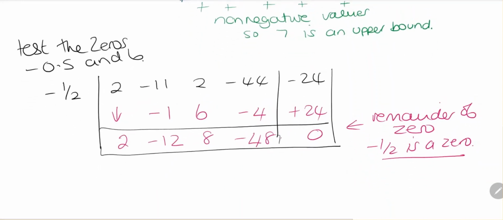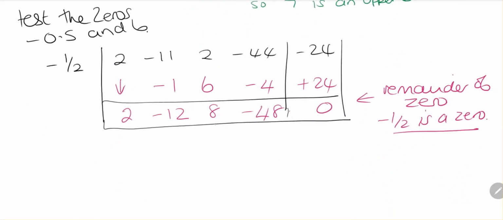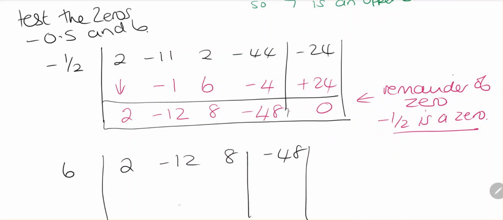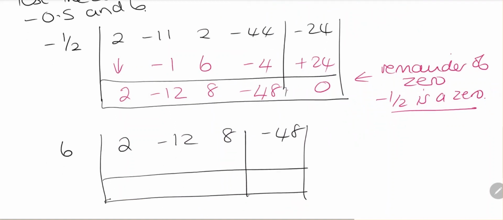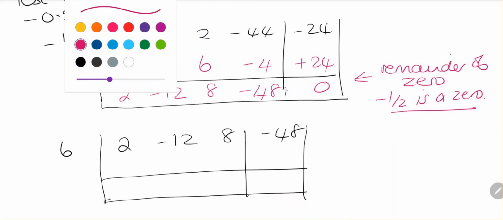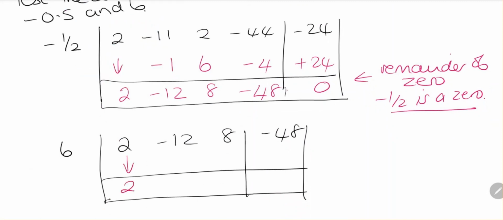So now we can use this. So this is our depressed polynomial, and we're going to test that 6, and we can use our values. So bringing down a 2, 2 sixes are 12, so minus 12, this is going to be 0, so 0 times 6 is 0, this is going to be 8, and 8 sixes are 48, so we have a remainder of 0.